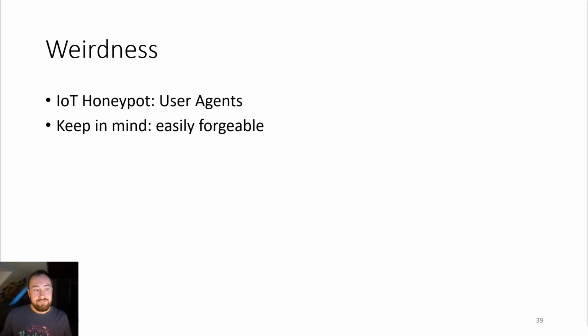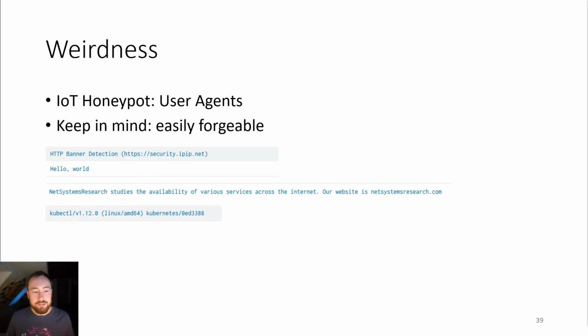And finally, there are some just weird things that I found over time. For example, these are user agents on my IoT honeypot, and keep in mind these are easily forgeable, but there's something interesting, as in there are some messages from well-known agents and well-known services.